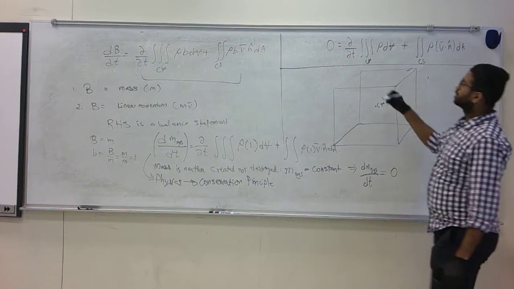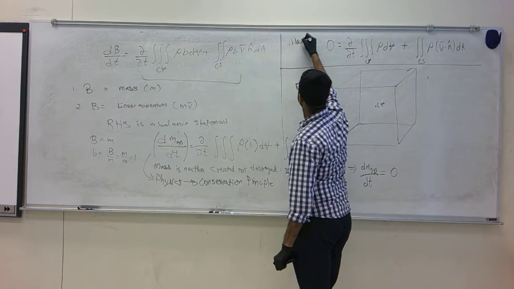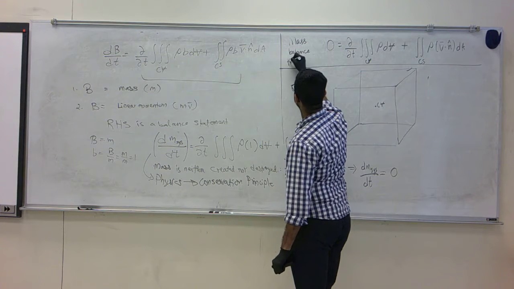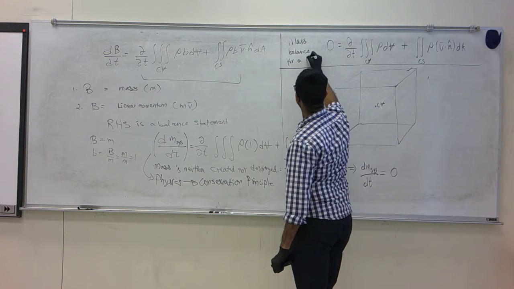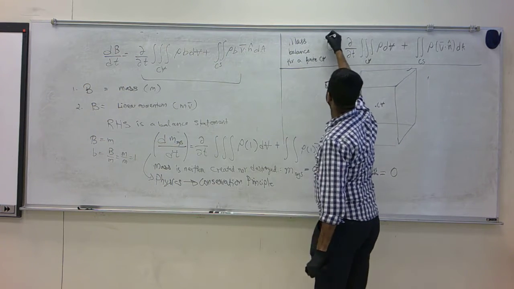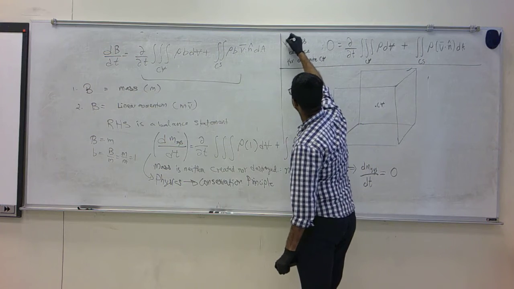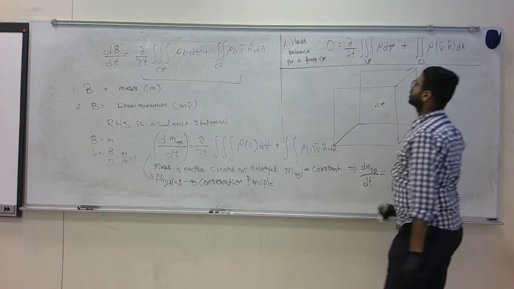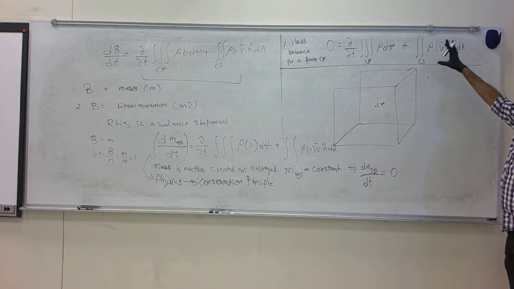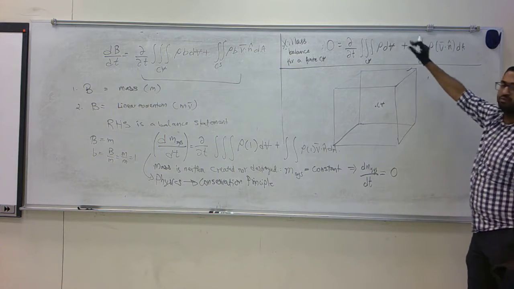Okay, this is mass balance for a finite control volume. It's one of the most important equations in this class, which we will use to solve problems. And there is some physics in here that we will discuss.